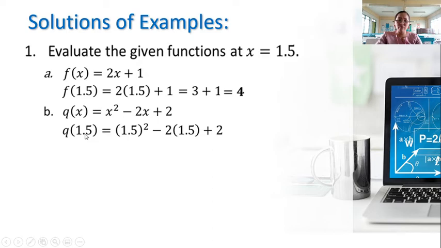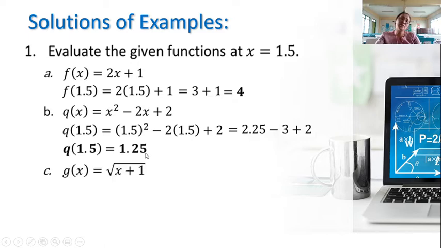Simplifying this, we get 2.25 minus 3 plus 2. Then, simplifying this, it becomes 1.25. Thus, q of 1.5 is equal to 1.25.